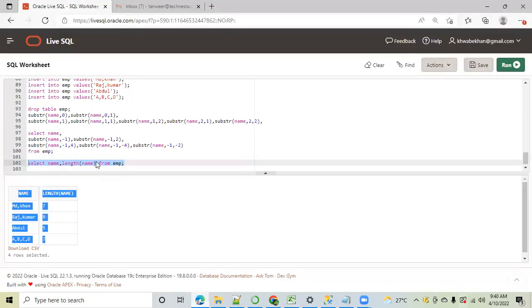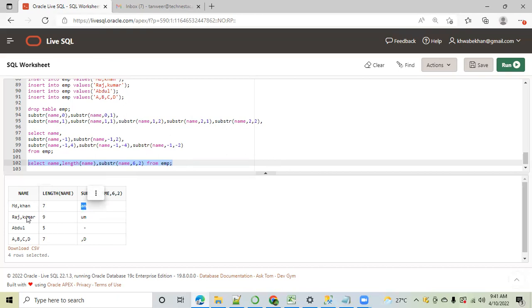Now, if I write substring name, comma 6, comma 2, you got the last two characters in the first name, correct?